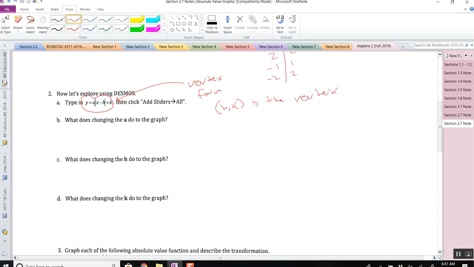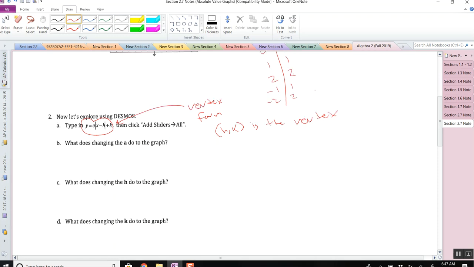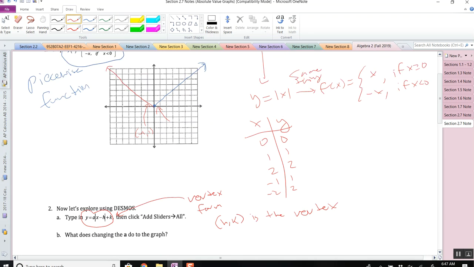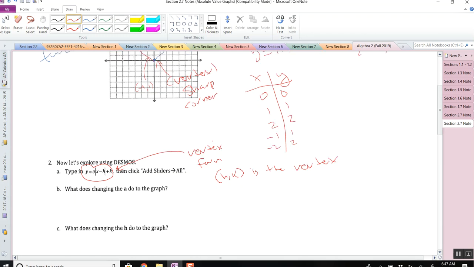We're going to discover how h and k actually move the graph. And there's also an a that we're multiplying to the absolute value. Just so you know, the vertex is a sharp corner. It's going to be the highest or lowest point of an absolute value graph.